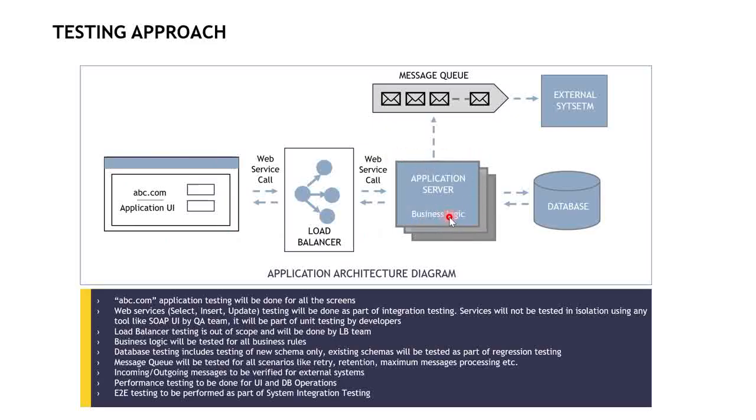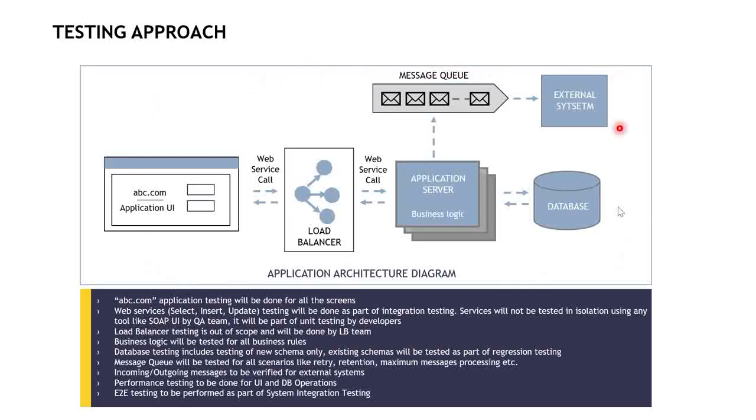There is business logic written, we have a database integration, then we have a message queue, then we have an external system. Now this .com or the UI is not going to talk to the application server directly. There is a web service call in between, and there is a load balancer sitting in between. Very simple architecture diagram. You will have your own, or probably a lot more complex, architecture diagram. But for this video, I'm just trying to explain how you put your testing approach forward.